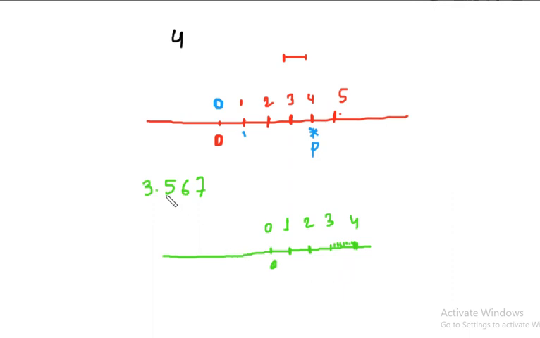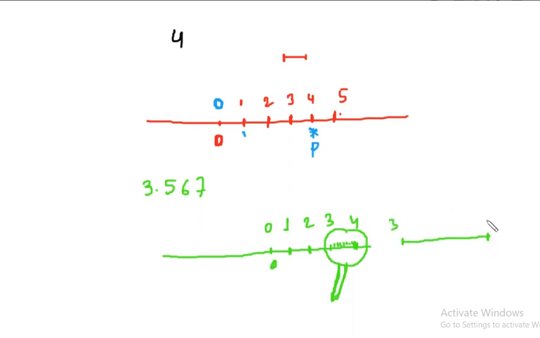So 0.5 means it will go up to 5 divisions, and then something more. You cannot see it properly, so take a magnifying glass and zoom in on the portion between 3 and 4.